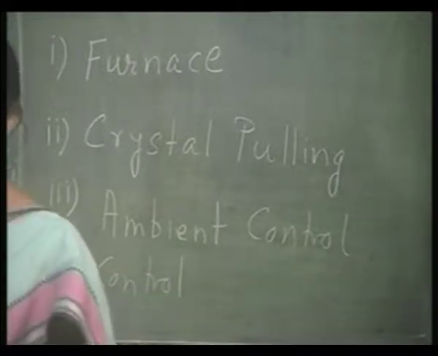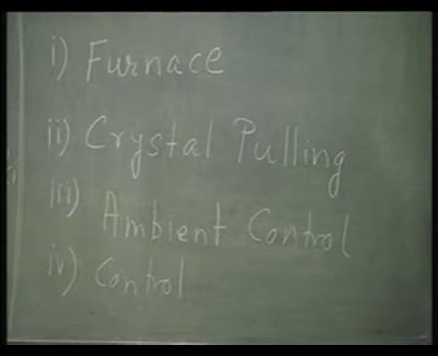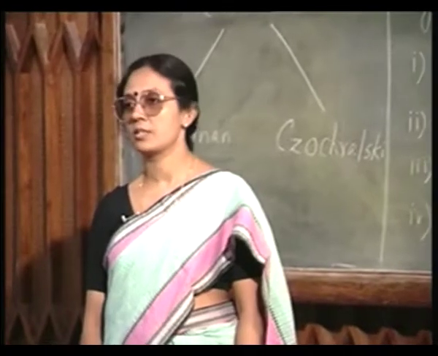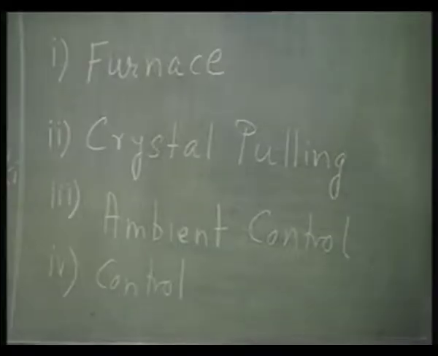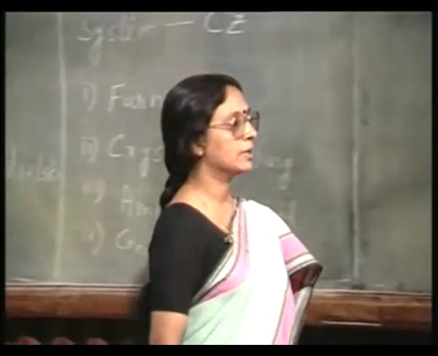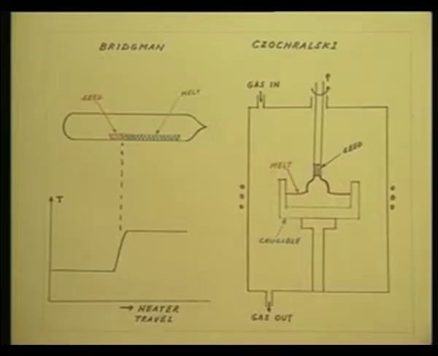So, these are the 4 subsystems of a Czochralski crystal growth system: furnace, crystal pulling mechanism, ambient control and a control system.